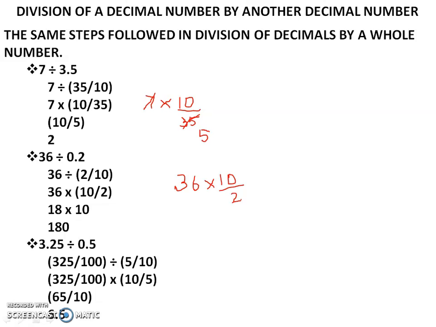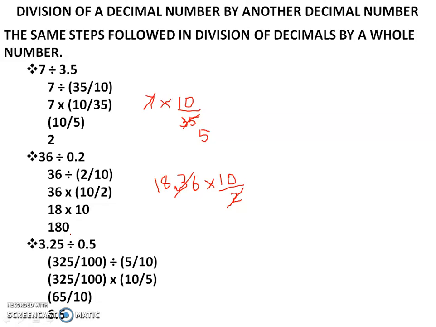You can cancel 36 and 2. How can you cancel? 2 into 18 is equal to 36. Isn't it? So what is remaining there? 18 into 10. So the final answer is 180.